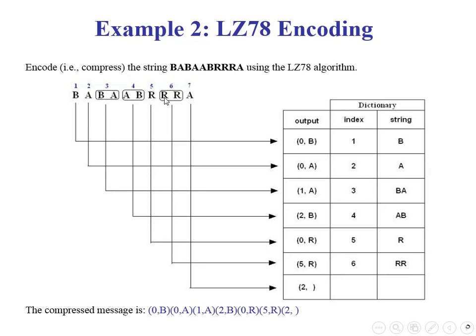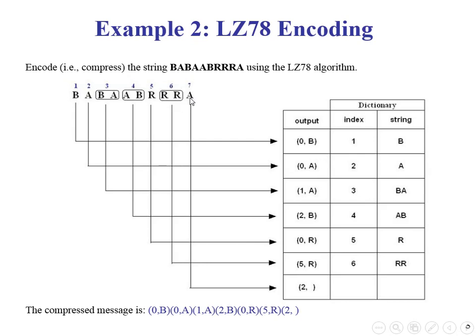Then R is already in the dictionary, RR not in the dictionary, so it will be encoded by adding the index of the prefix. The index of the prefix R is 5, and the last character is R. It will get the index 6 and the string that represents it is RR.